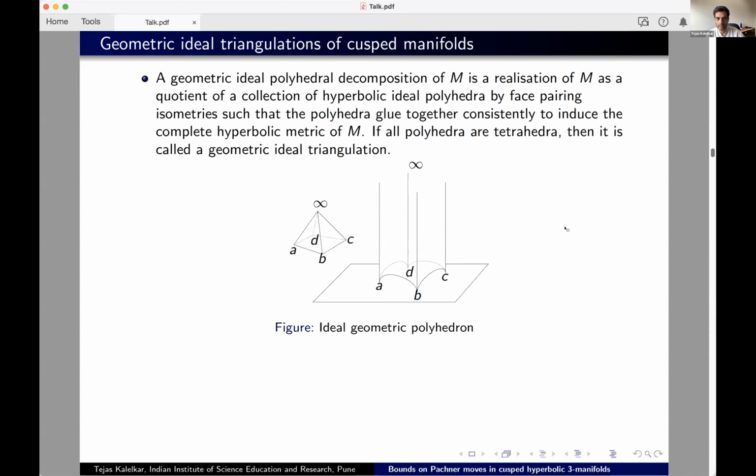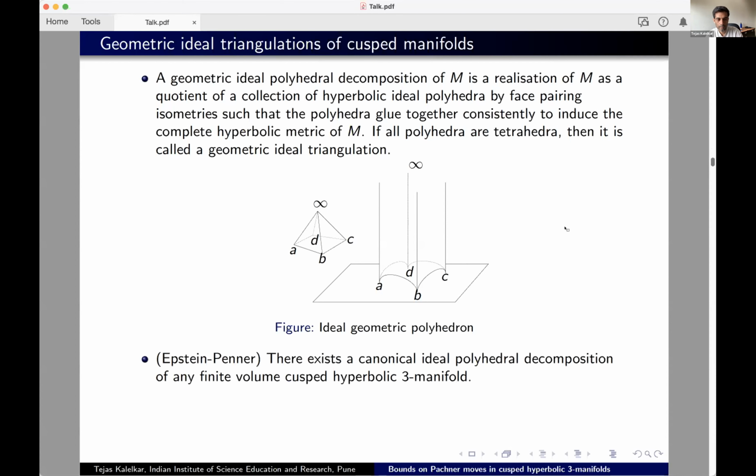You combine these together by sticking them along their faces. And then if the induced metric on the manifold is the hyperbolic metric of the manifold, then you say that it's a geometric ideal polyhedral decomposition of the manifold. Now, the reason I bring this up is because of this result by Epstein and Penner, which says that there exists a canonical ideal polyhedral decomposition of any finite volume cusped hyperbolic 3-manifold.